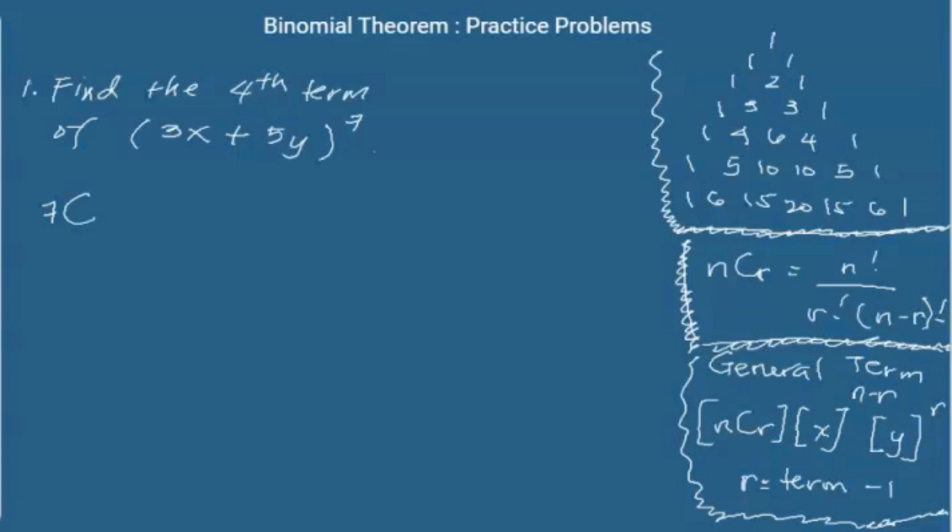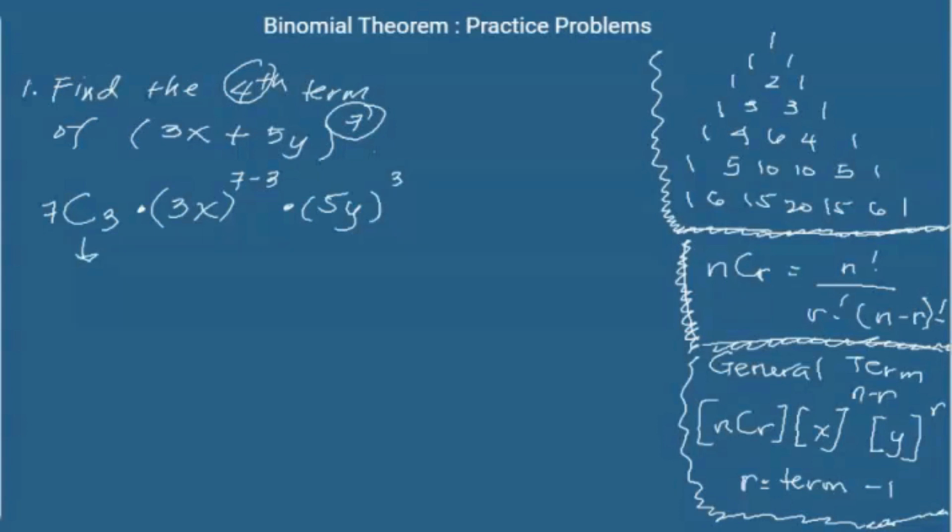Our r, they're asking for the fourth term, so 4 minus 1 is 3. 7 because the expansion is to the 7th power. Times 3x raised to 7 minus 3, times 5y raised to the 3rd power.